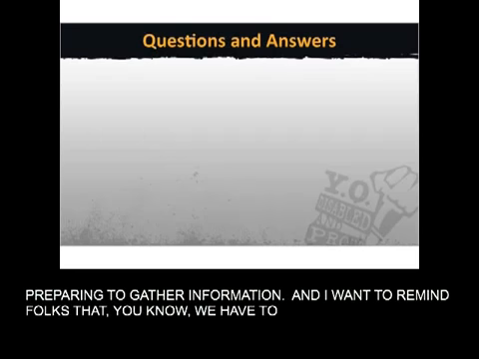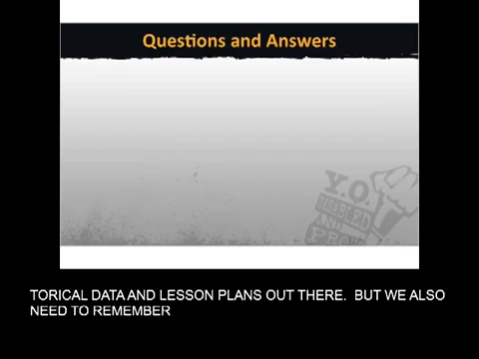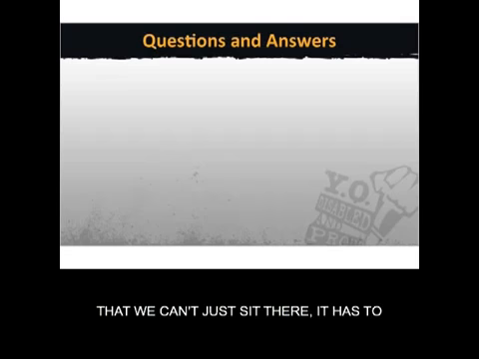So it's really good that we're preparing to gather information, but I want to remind folks that we have to actually make this happen. We need to have those libraries of information and materials and historical data and lesson plans out there. But we also need to remember that it can't just sit there.